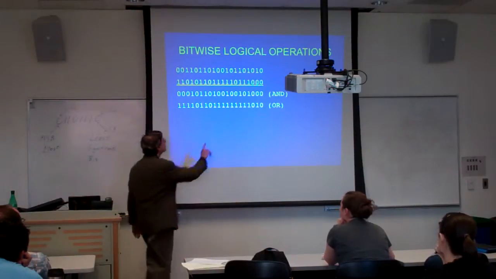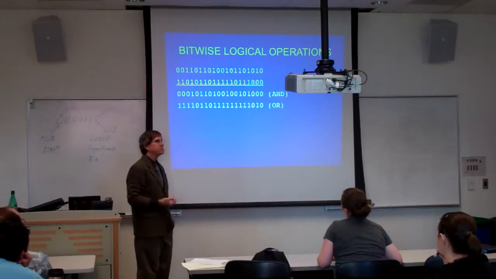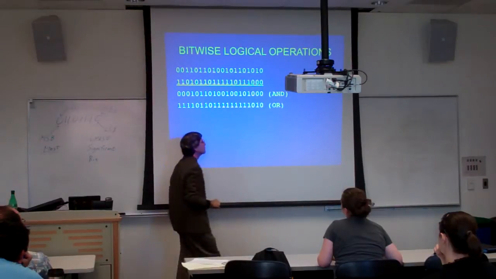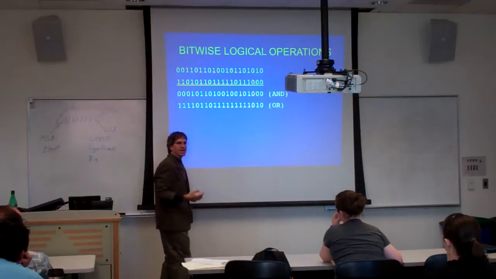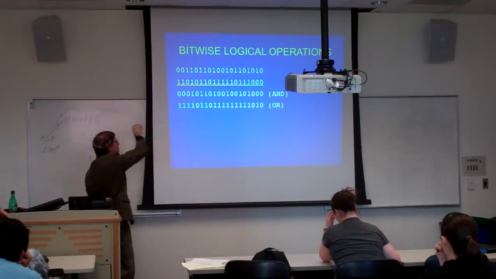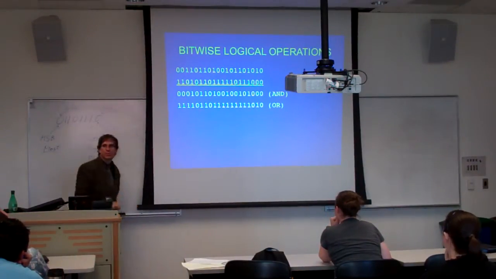The two least significant bits in these two numbers are 0 and 0. When we AND those, we get 0. So the bitwise AND starts with a 0. The bitwise OR also starts with a 0. The second bit is a 1 and a 0. If we AND those, we get a 0, but if we OR them, we get a 1. If you do this bit by bit, you can get the result of a bitwise AND and the result of a bitwise OR.